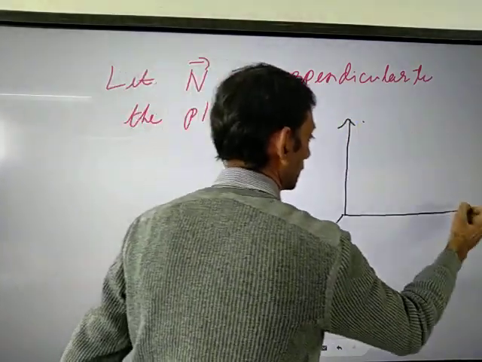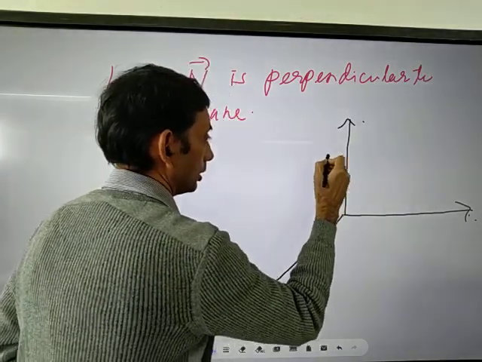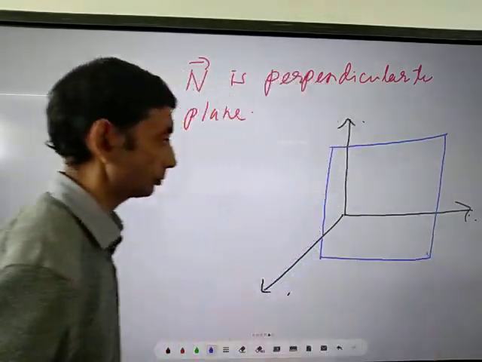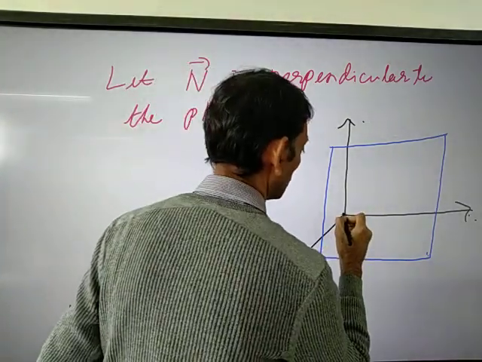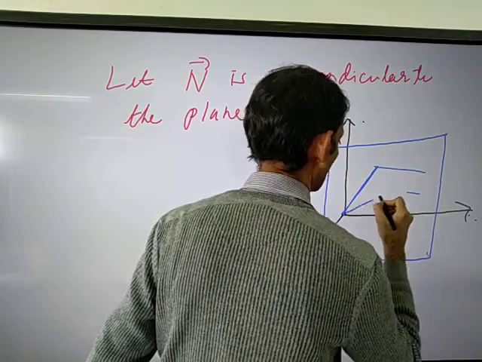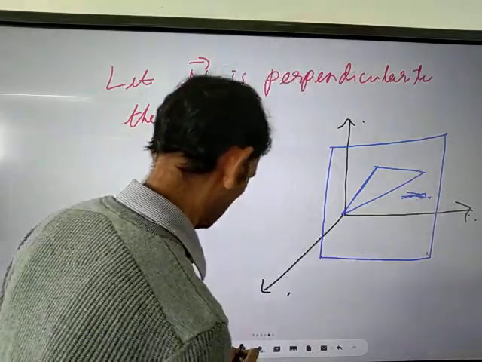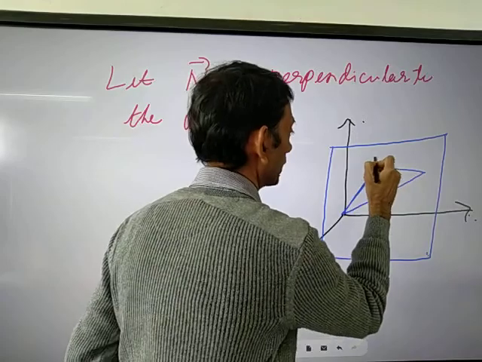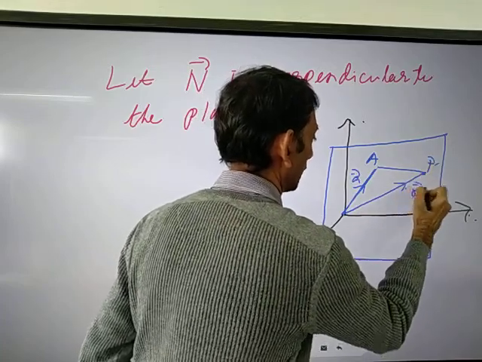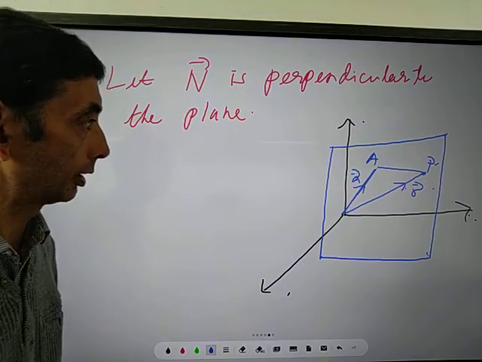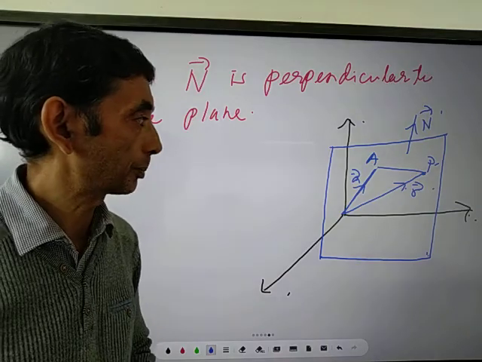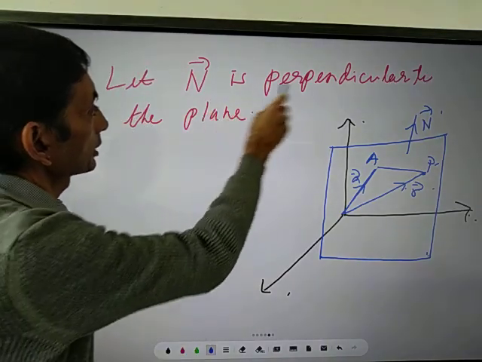So this is a fixed point A with position vector a, and this is point P with position vector r. And this is a vector n which is perpendicular to the plane.